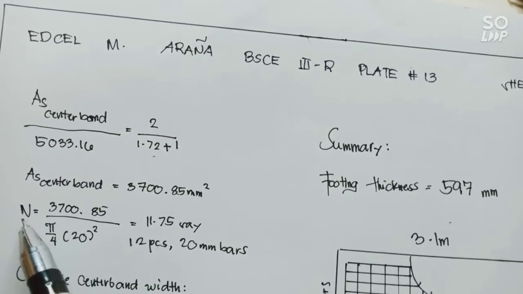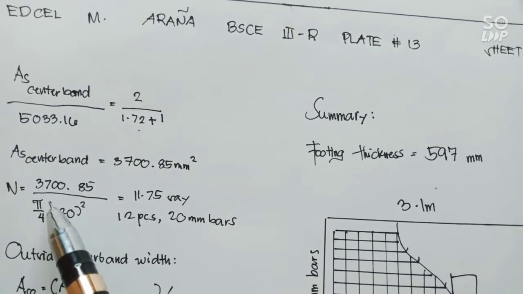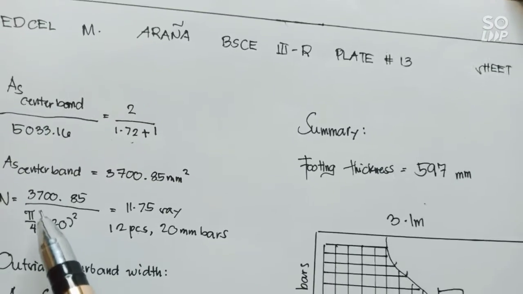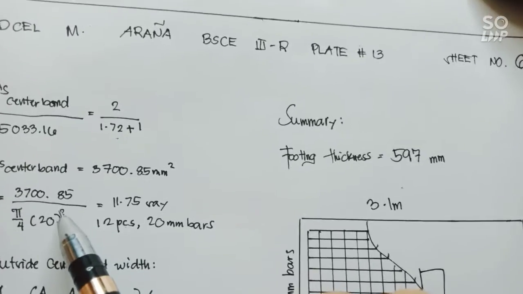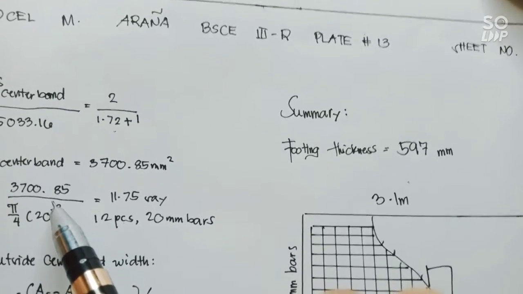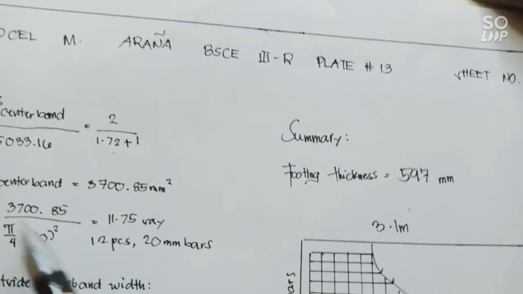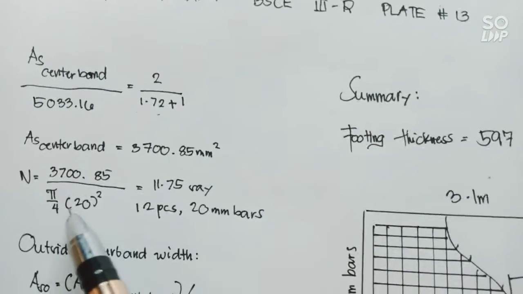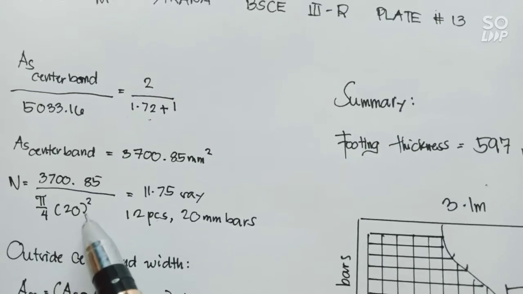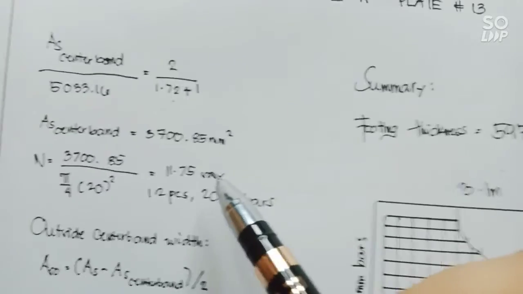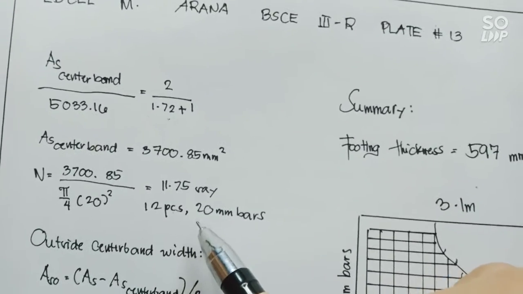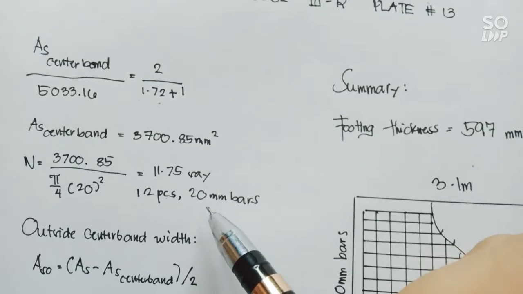So substitute n is equal to 3,700.85, which is the area of the steel reinforcement, divided by the area of the steel, which is pi over 4 times the diameter of 20 squared. So we have 11.75. So let's say it is 12 pieces of the 20 millimeter diameter steel bars.